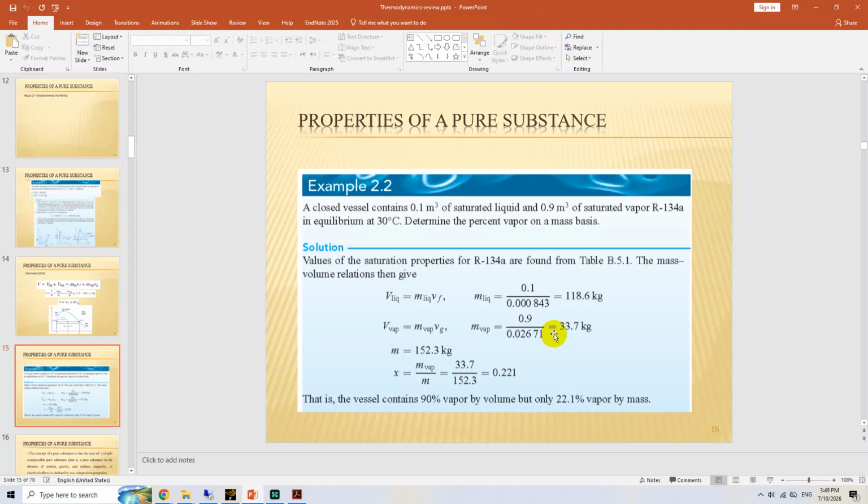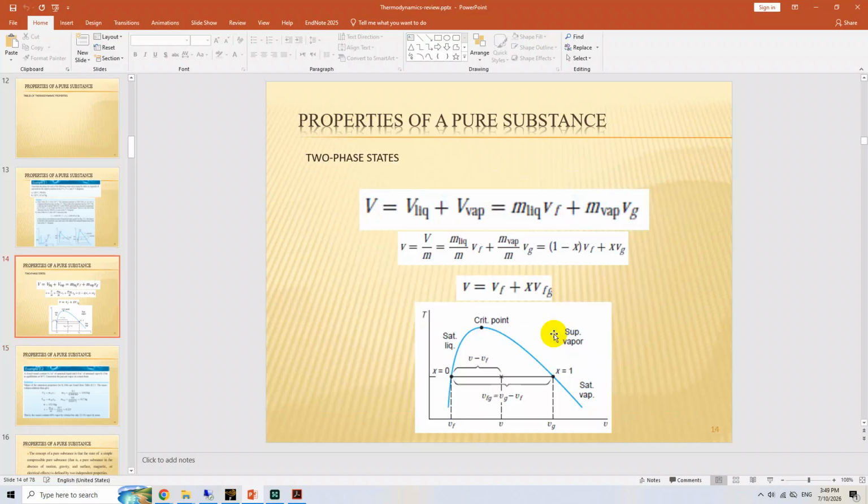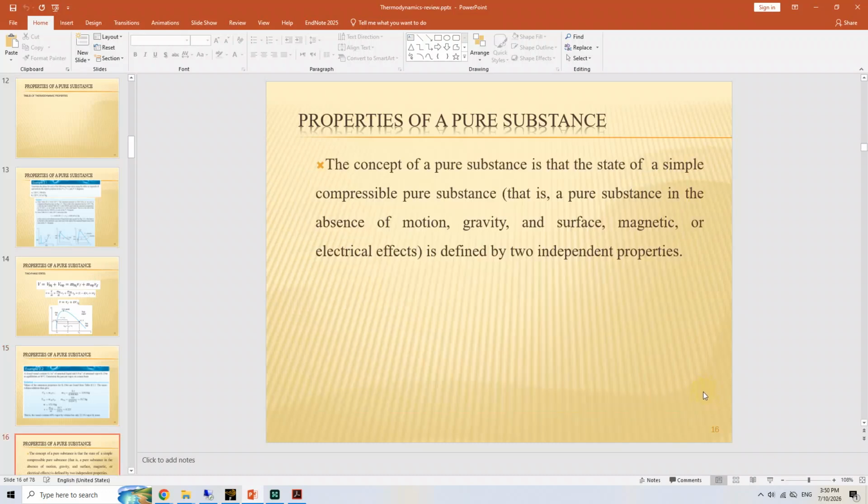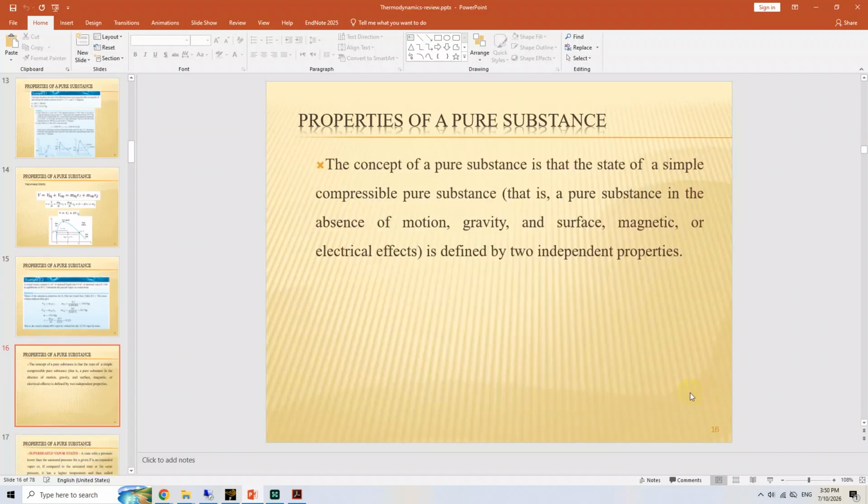If we want the quality or percent of vapor, we should determine x in this correlation. So we can compute the mass of the liquid and the mass of the vapor. The quality is determined as 0.221, which means that 22% of the matter is in the vapor state. So x is equal to 22 percent.